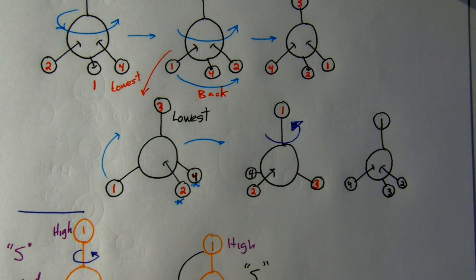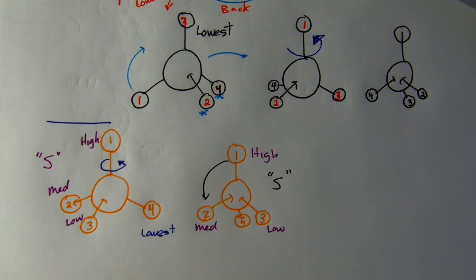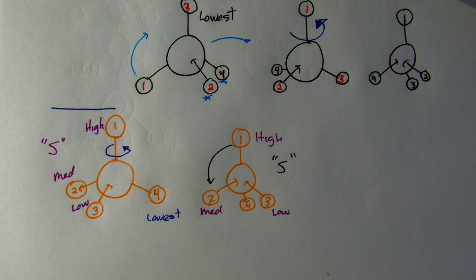Okay, we could do 2 rotations here. And finally here is just another example of how you would read the face from highest to lowest to determine orientation. The reason this is important is because when we have substitution reactions, we will have what is called inversion, and we will go between S and R designations.